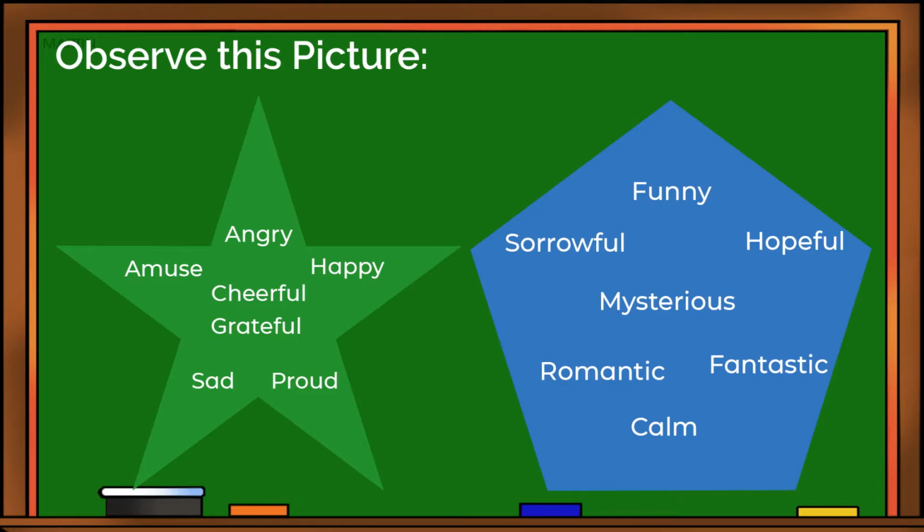And what words are there inside the pentagon? Very good! Funny, sorrowful, hopeful, mysterious, romantic, fantastic, and calm. Do you know what these words are? The words inside the star are tones, while the words inside the pentagon are moods.